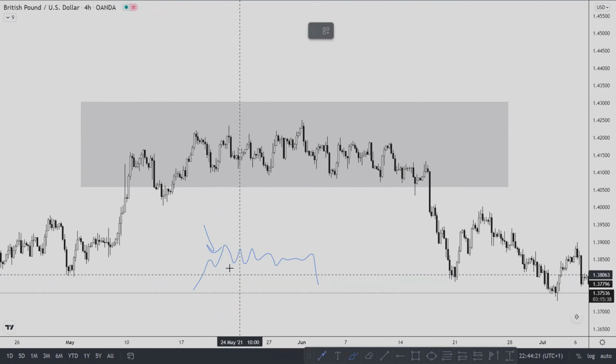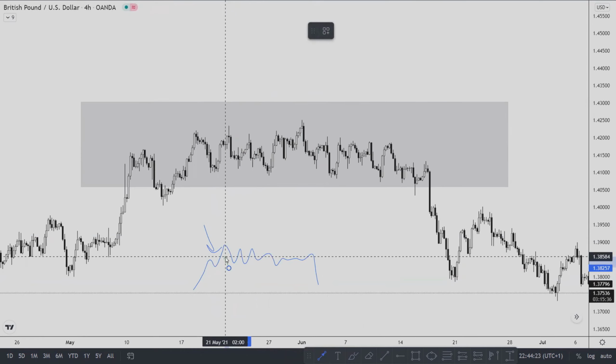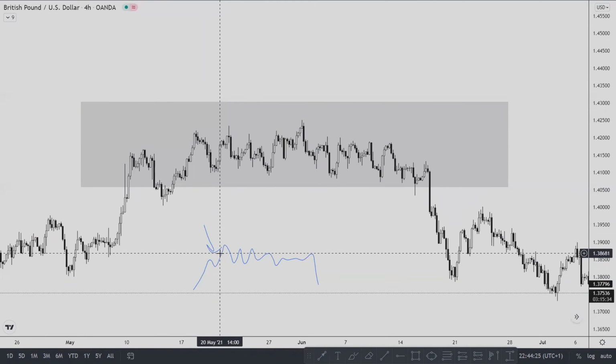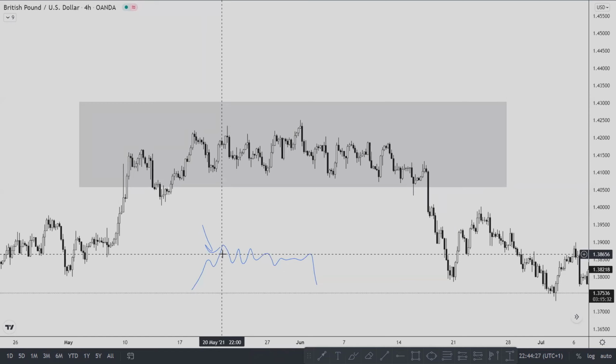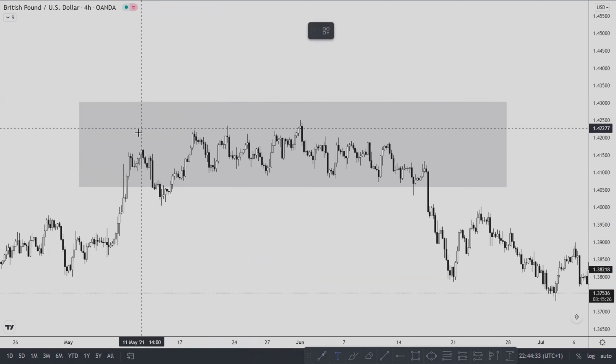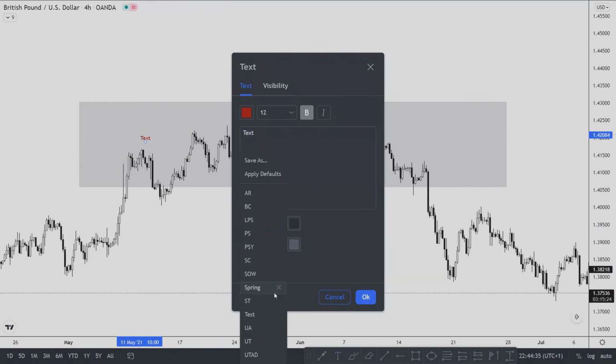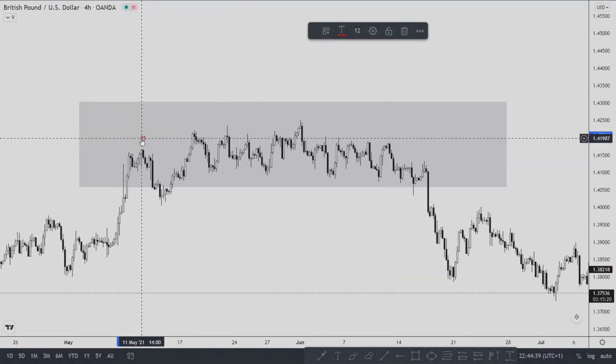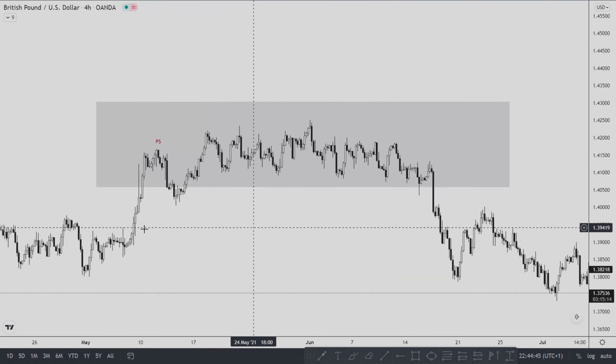So that's what I'm going to take. I'm going to start the distribution from here and get this out of the way. Okay, so here's my PS, and I'll put that there, or PSY, can't remember exactly. Then see if that makes sense.